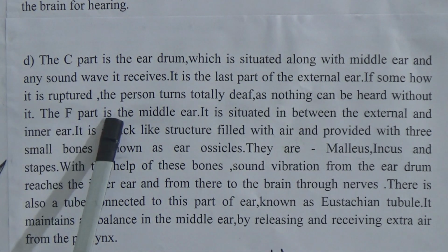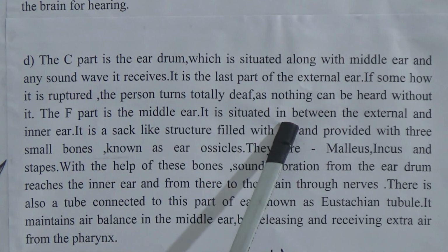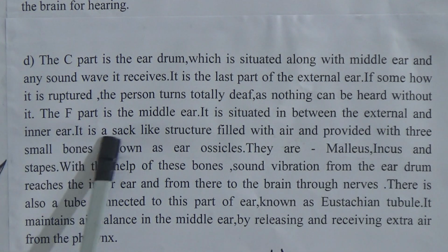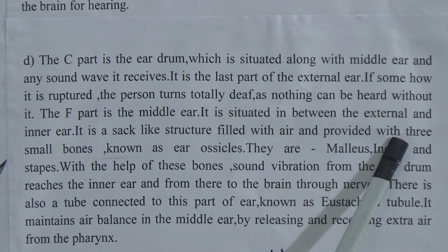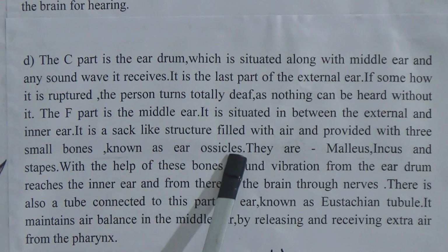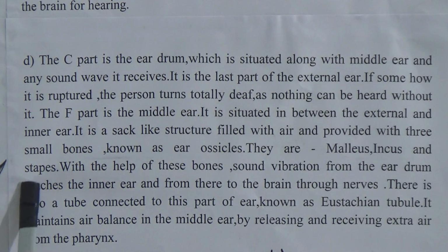The F part is the middle ear. It is situated between the external and inner ear. It is a sac-like structure filled with air and provided with three small bones known as ear ossicles. They are malleus, incus and stapes.